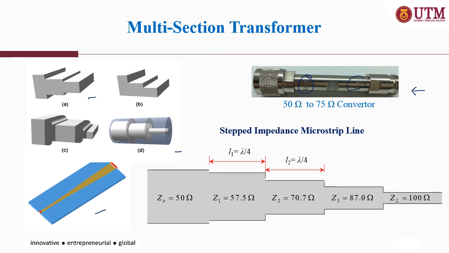It depends on the targeted application that needs this type of conversion or matching. Another one is the step impedance in microstrip lines. If you have multi-band signals, or if you want to achieve broader bandwidth for a transmission system, this kind of matching technique can be implemented.